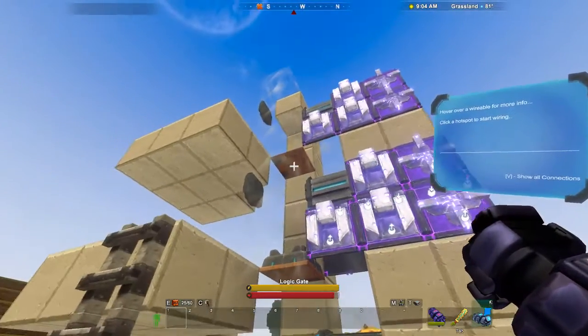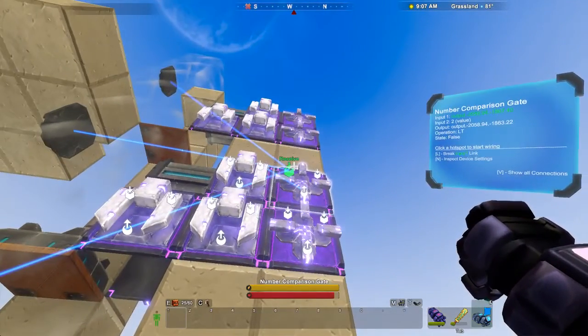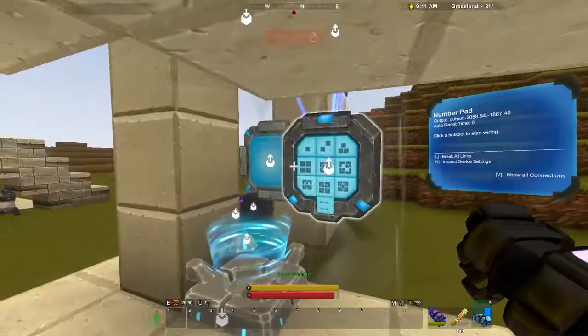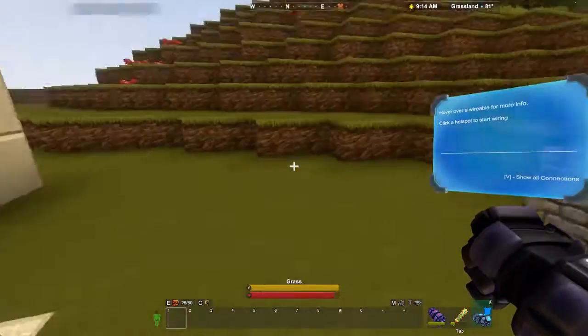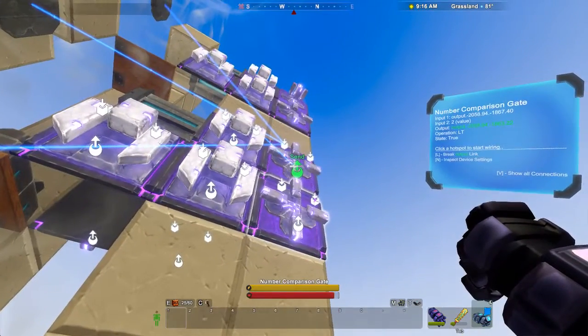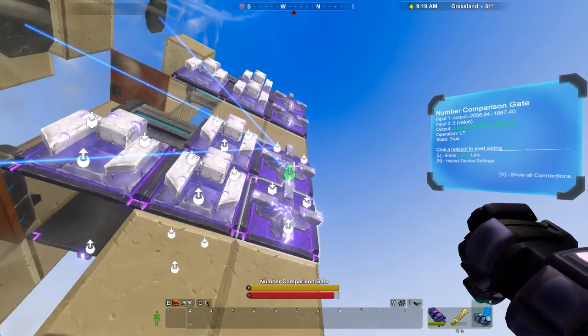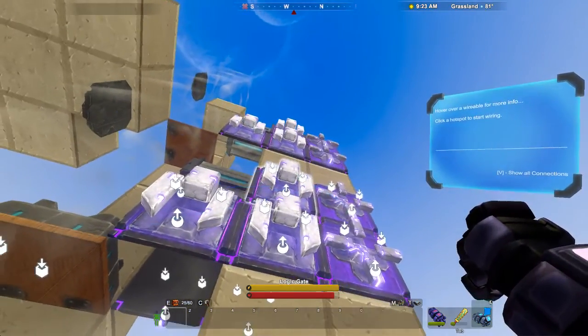Now let's say I'm on level 2 and I want to drop down to 1. So that would be this one. Let me go ahead and change my number pad. So now our comparator for less than 2 has activated a true signal. It's sent it to a different AND gate.